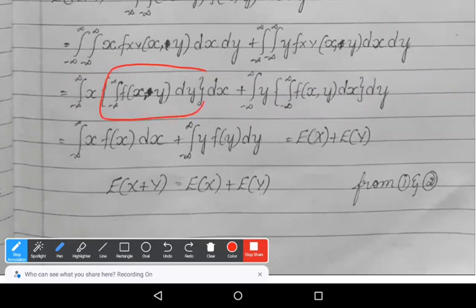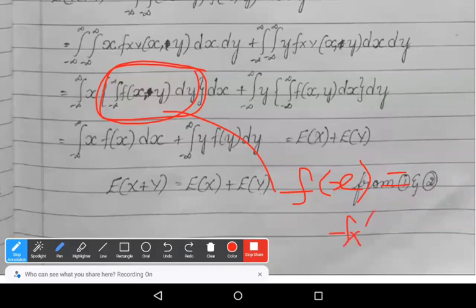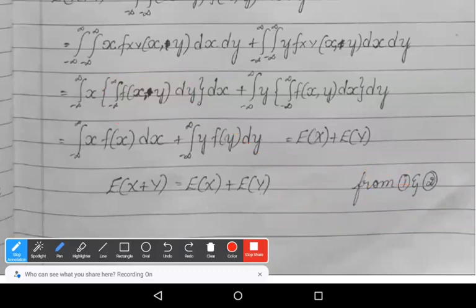The integral represented here in the flower brackets is nothing but f of x, which is f x of x. Again, here the integral represented in flower brackets is nothing but f of y.